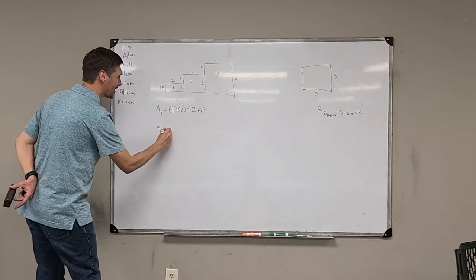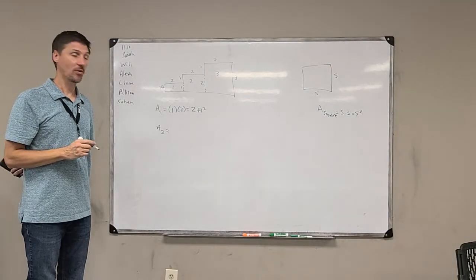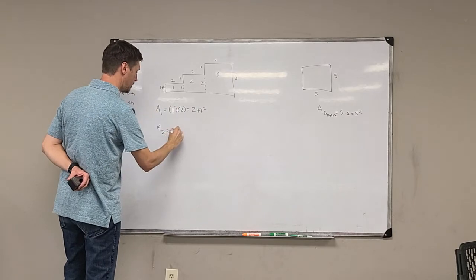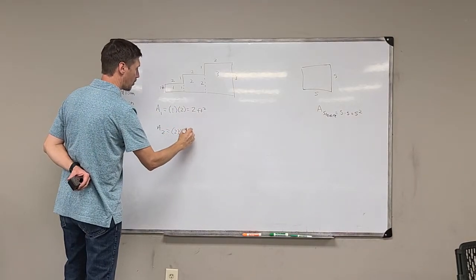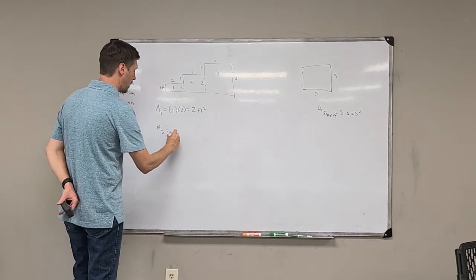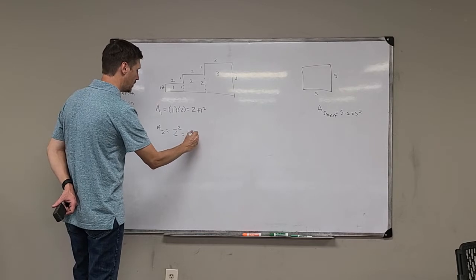And so the area of box 2 is 4, because it's 2 times 2, or that length squared. The way that we gave you the area of a square was the length of the side squared. So 2 squared is 4 feet squared.